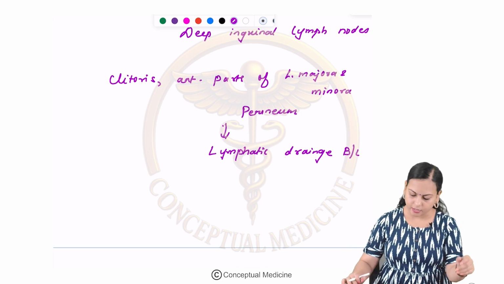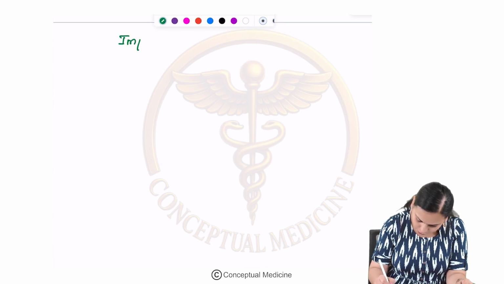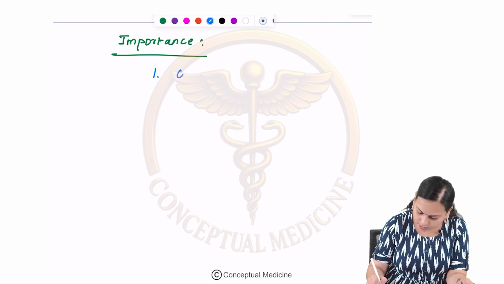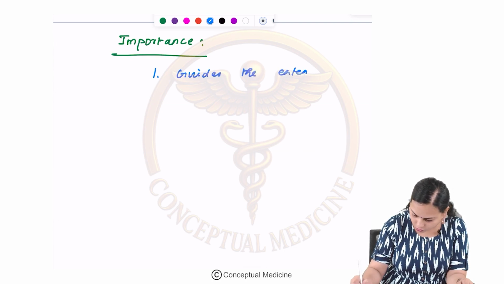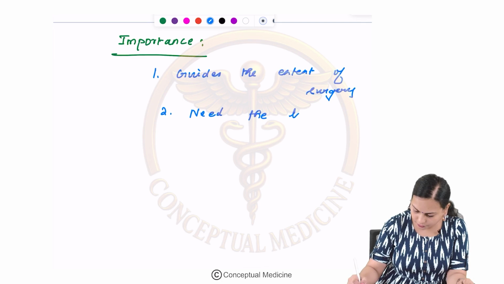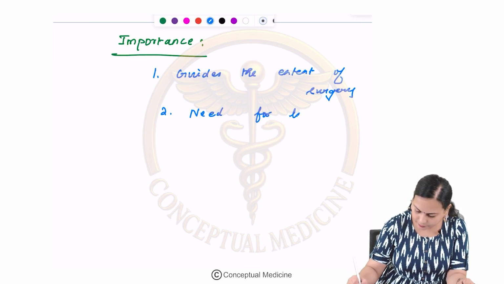Clear? Right. So let me tell about the importance once again. So this guides the extent of surgery. Second one, you have to evaluate the need for lymphadenectomy because there can be lymph node involvement.